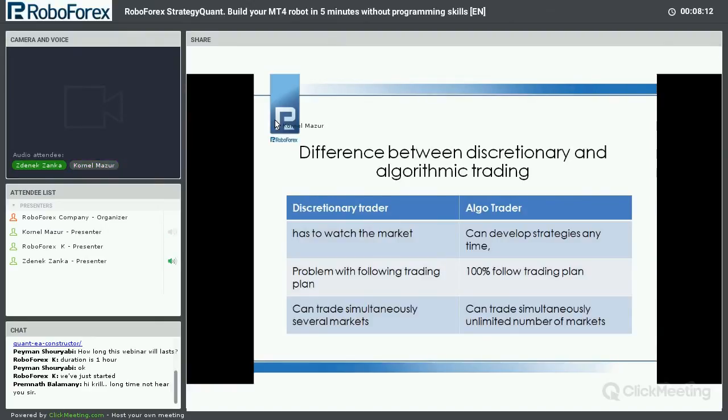Another, the second point of difference between discretionary and algorithmic trading, is the problem with following a trading plan. Maybe you know it, that you got some great strategy somewhere, and even I did it when I started to trade.